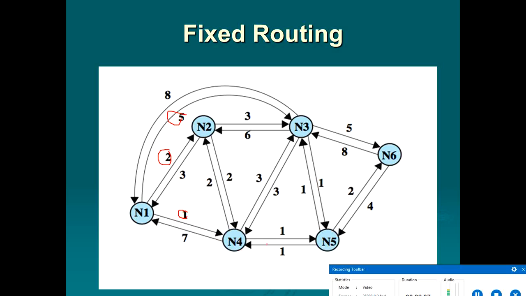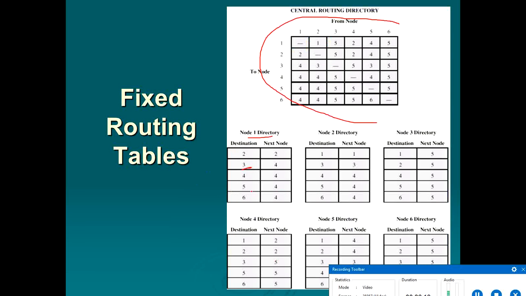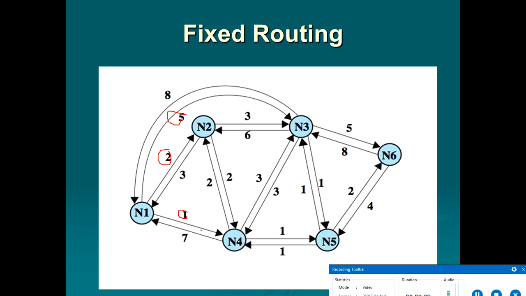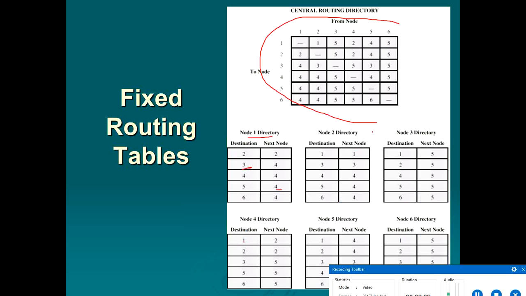Now from N4 to N5, there is a direct link, so I will choose this path. So in the table, what will I store? Going to N5, the next node where I should send my packet is N4. Same thing goes for N6 also. I will choose N4 for the obvious reason, because it has the minimum cost. N4 to N5, so my next station is N4. Same is for N6 also.